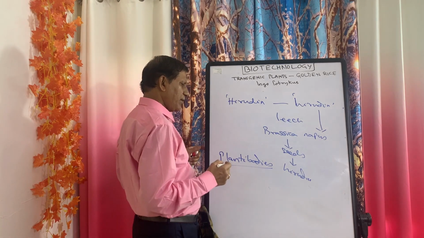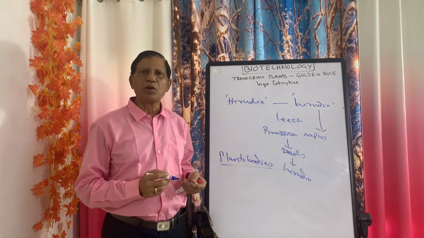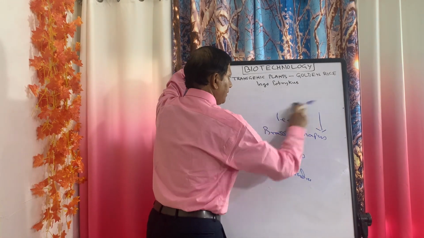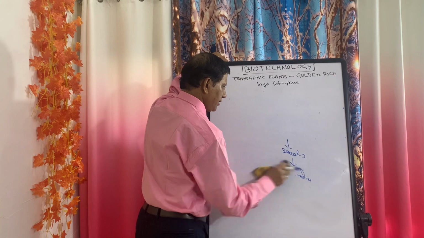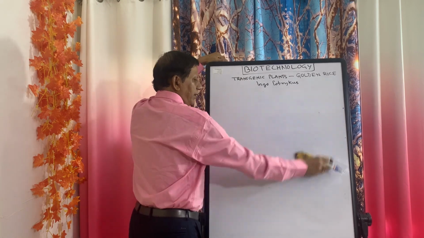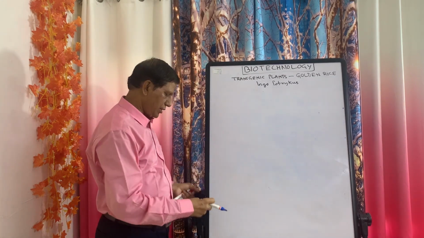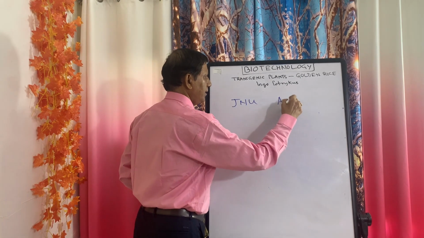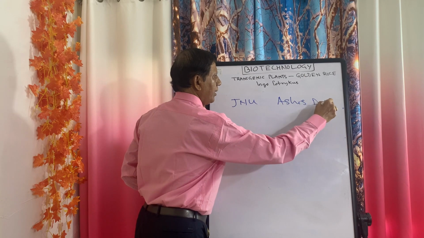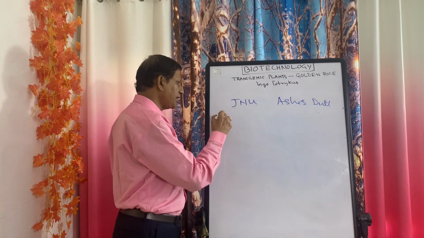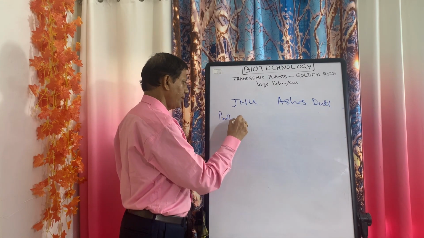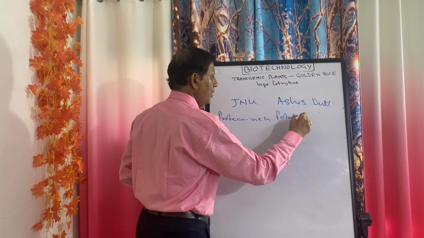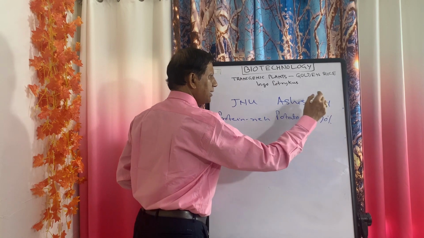Then another example again I will give you. Protein-rich potato. One of the Indian scientists known as Ashish Datta of Jawaharlal Nehru University, JNU, he produced one protein-rich potato, where there is 70% protein.